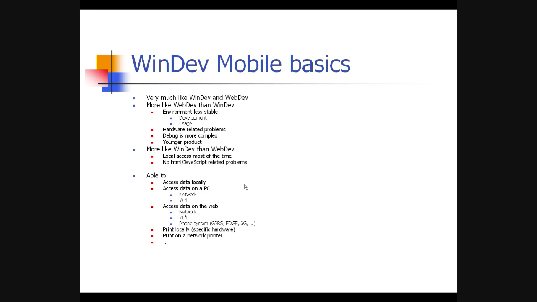Now, when you have your device not connected to your local network, then you have access to more functions that are specific to the device, like, of course, the phone system, that is something specific to the mobile's environment.